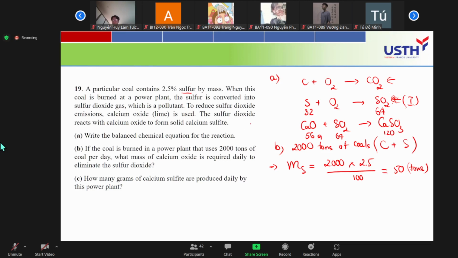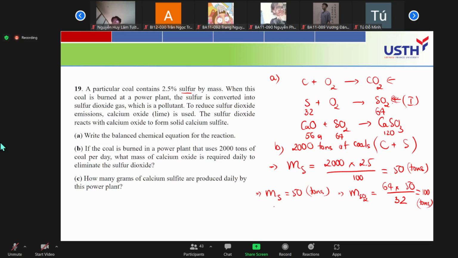The next thing is to calculate the mass of calcium oxide. From the mass of sulfur of 50 tons, you can calculate the mass of SO2 equal to 64 multiplied by 50 over 32, and you get 100 tons of SO2.